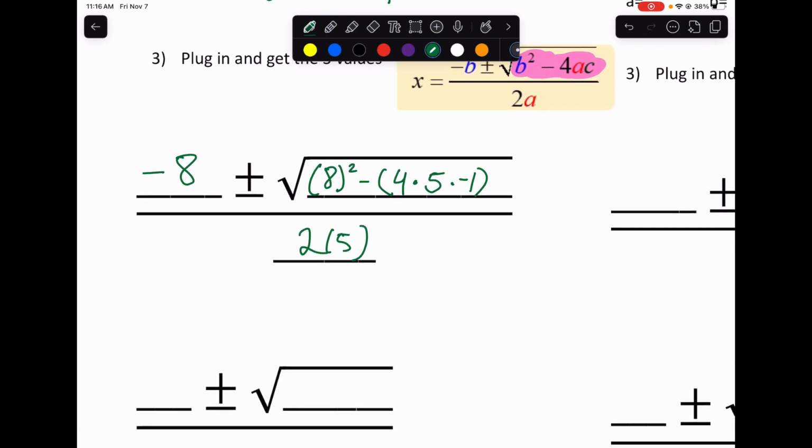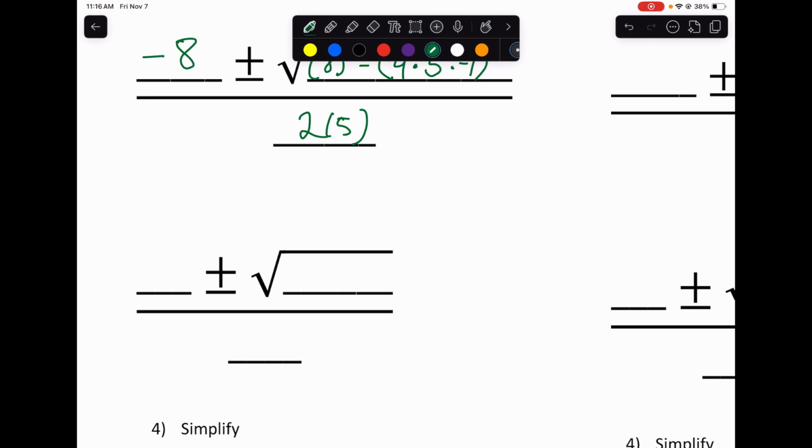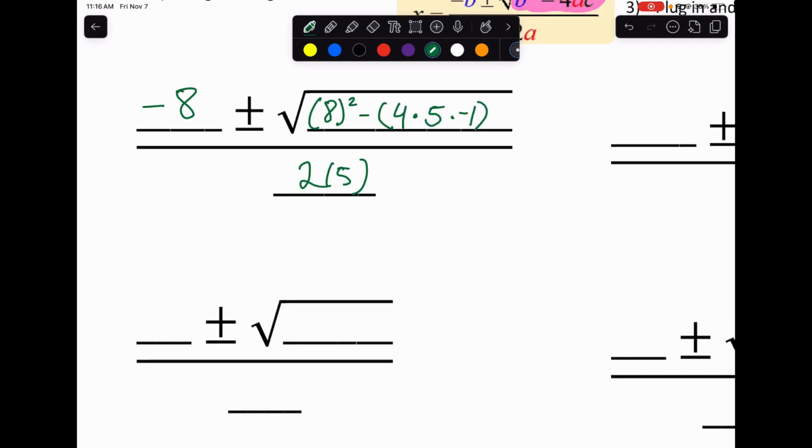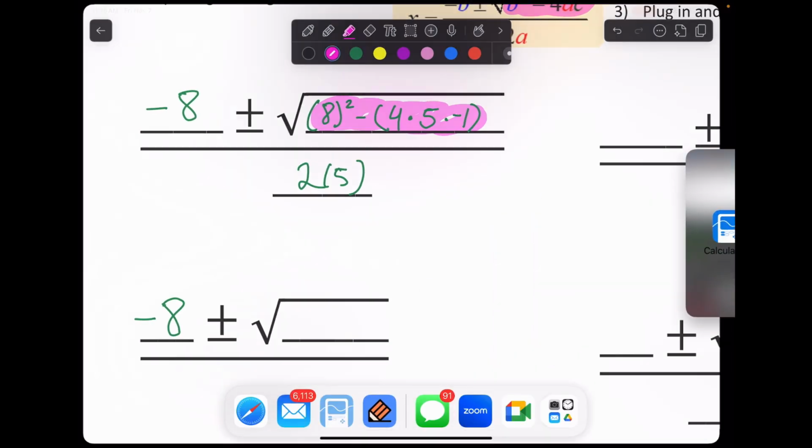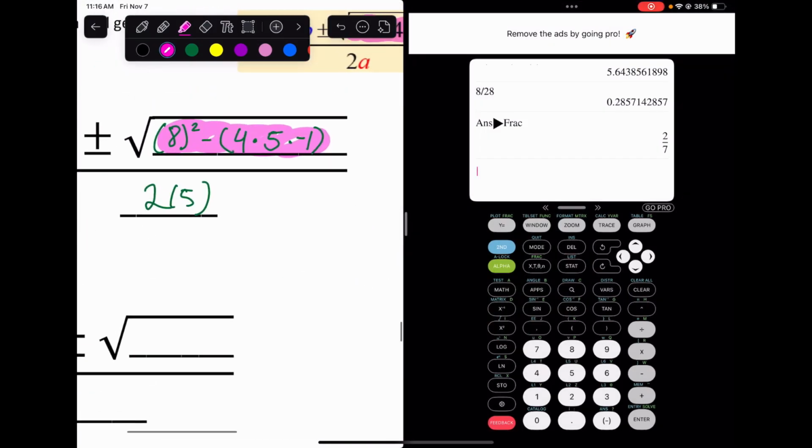So once we plug everything in, we are going to get what I call our 3 values, okay? This value is going to stay the same, but we need to plug this into our calculator to find the discriminant. Now, when you plug this in, you do not plug in the square root symbol, okay? Just find the actual discriminant like we've been doing, right? So that's just b squared minus 4 times a times c.